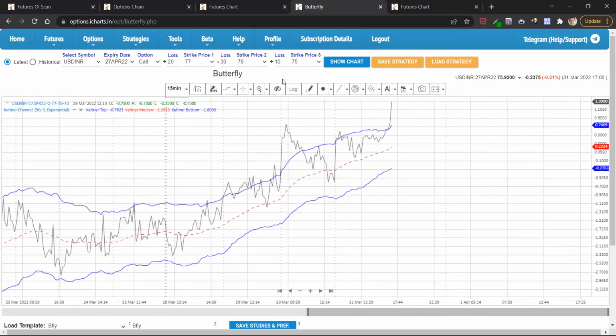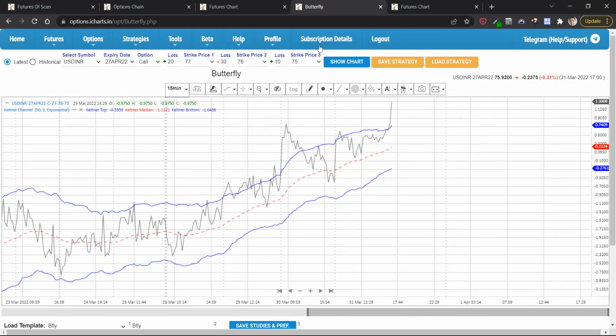See, what I've done is I've taken the center price as 76, where it is currently. So we are shorting 30 lots of 76, and we have bought 10 lots at 77, higher, and on the lower side, we have bought only 10 lots.